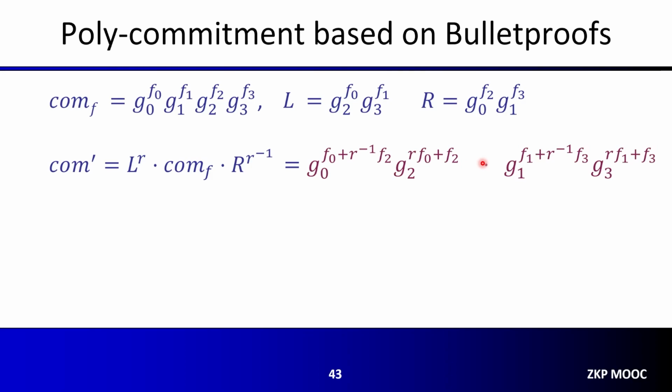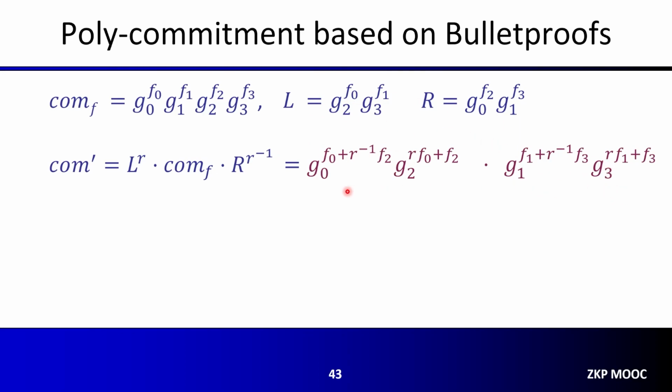And then we can do the derivation again for the bases G1 and G3. Again, for G1, you have this G1 F1 from the commitment, and a G1 F3 from the R part, raised to small r inverse. So we have G1 F1 plus R inverse times F3. And finally, for G3, you have this G3 F3 from the commitment, and G3 to the F1 times R from the L part of the commitment.